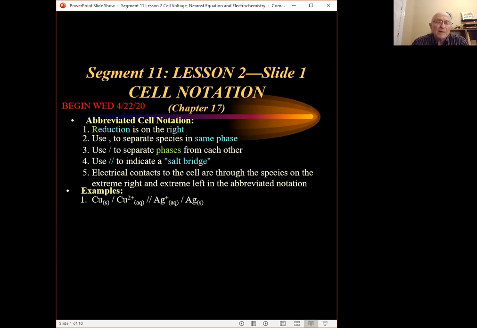Now let's look at some examples. Here is, as an example, written in abbreviated cell notation, the reaction between copper and its ion and silver and its ion. The copper ion is +2. So the cell that is going to be spontaneous would be the one where the copper plus the silver ion goes to silver plus copper ion.